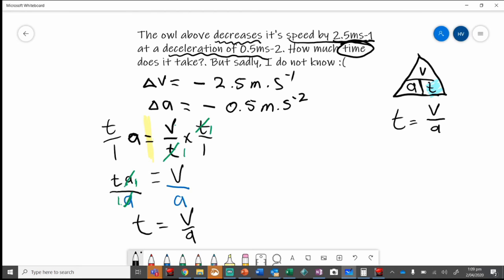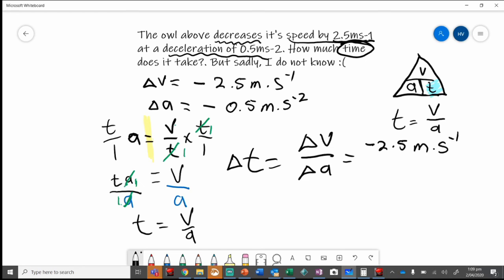So now back to the question. We want t. Delta t equals delta v over delta a, which equals minus 2.5 meters per second divided by minus 0.5 meters per second per second.